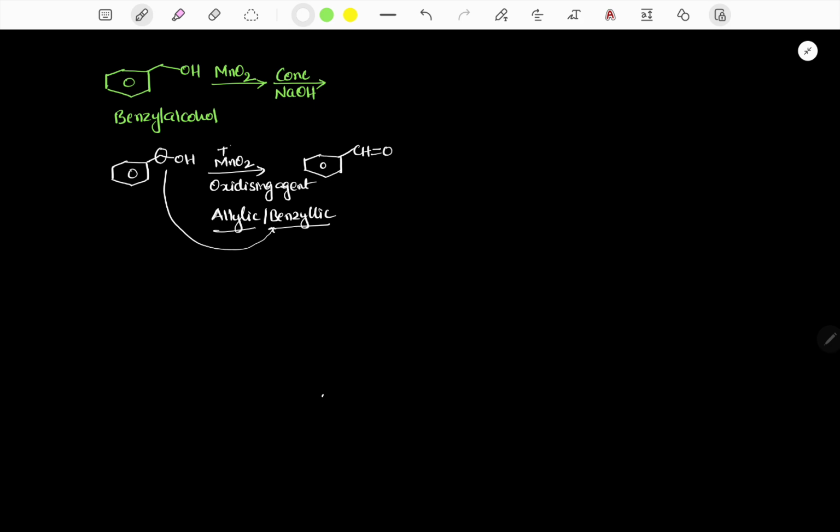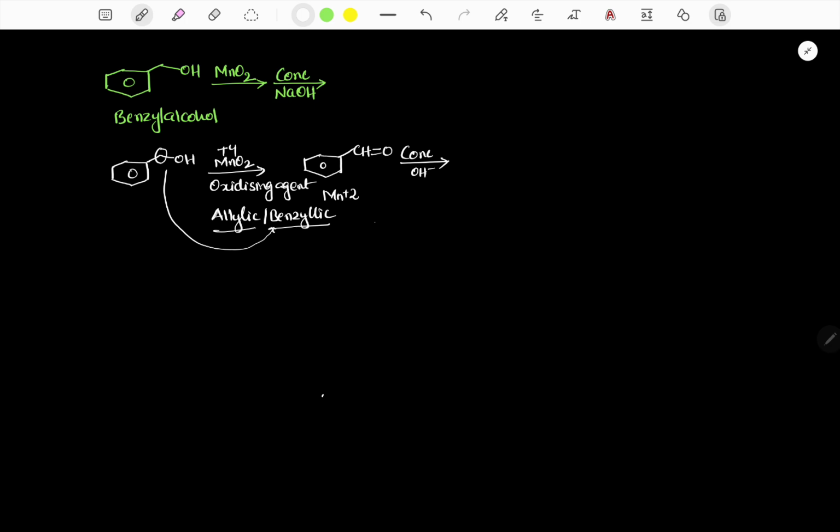And manganese here is in the +4 state and it undergoes reduction into the +2 state. Now the benzaldehyde is treated with concentrated OH-.